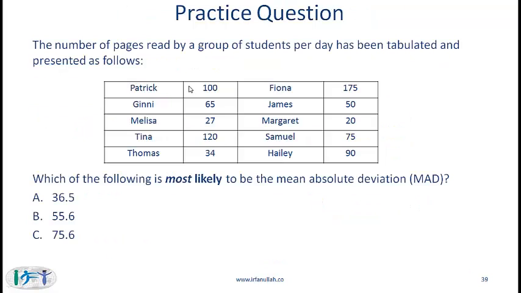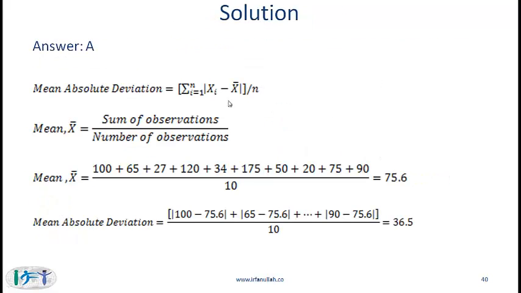Now do this practice question where you are given a data set and you need to find the mean absolute deviation. Here is the answer. The first thing you do is come up with the mean, which is 75.6, and then you take the average of the deviations from the mean.